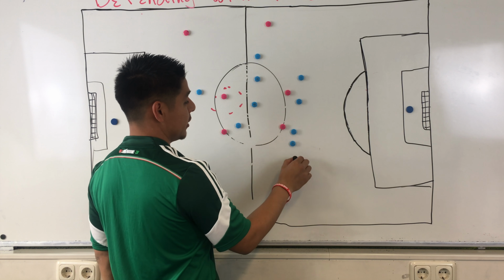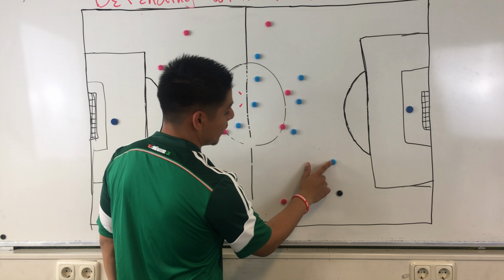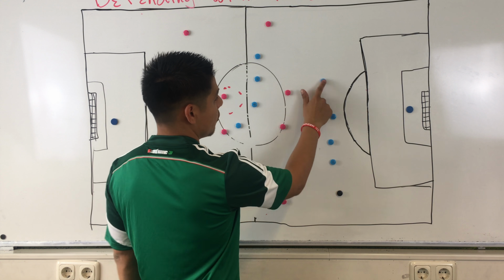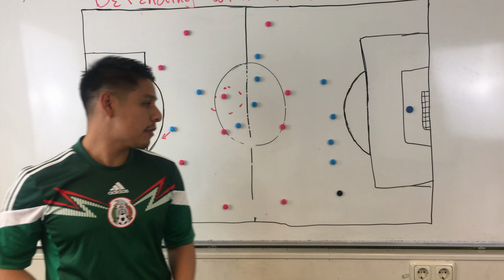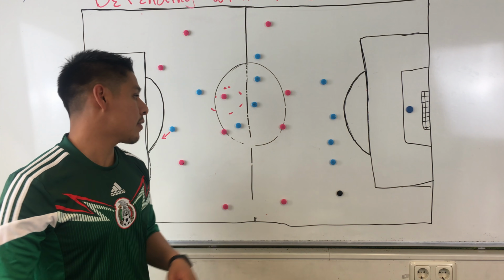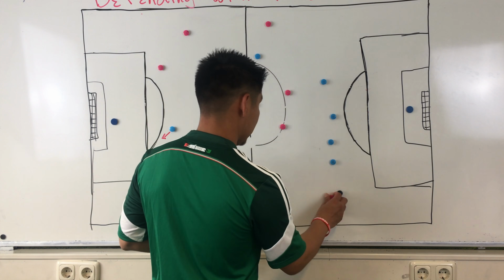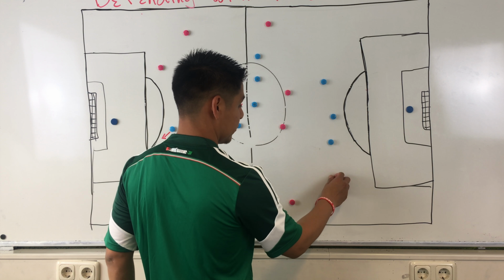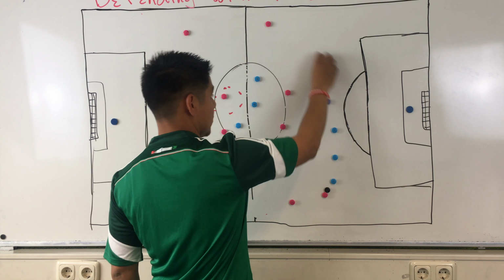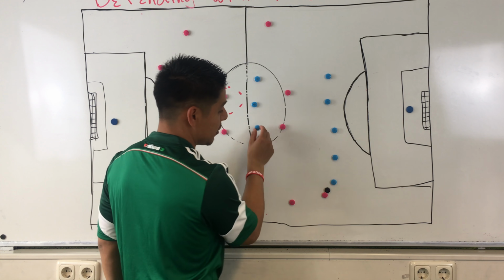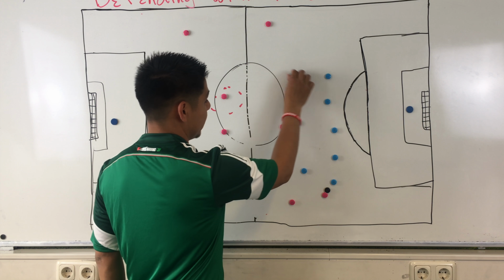And if the player hits the ball over, we have enough time to recover. Okay, so that's very important that we have enough time to recover, so that we can again try to build a numerical advantage on the outside, and we would do that with this player there.